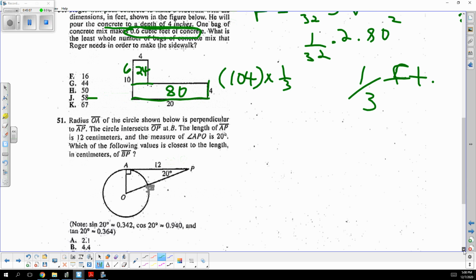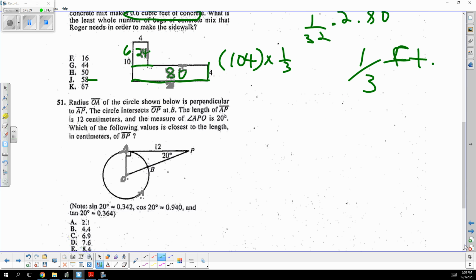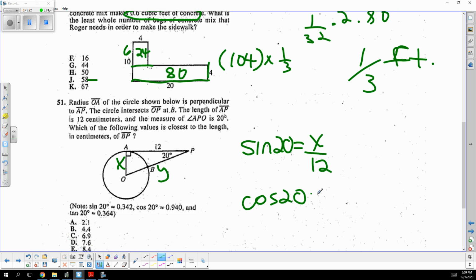I love this one. You can use SOHCAHTOA to find x and y. The sine of 20 is x over 12. The cosine of 20, I'm sorry, start over.